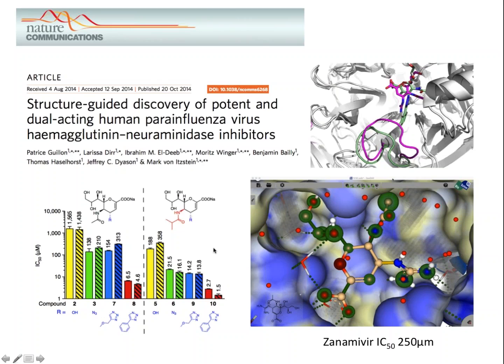That's a very exciting story, and here you can also see now how CSAR could be used in order to look into these kind of compounds.